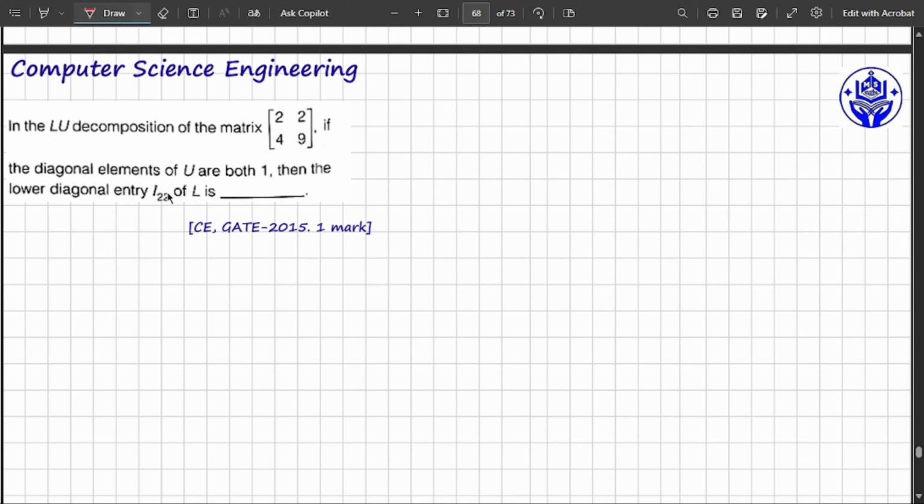Here in this case, they have asked what is the value of L22. It means if you are doing LU decomposition of this matrix 2, 2, 4, and 9, and the diagonal elements of U are both 1, then it is L11, 0, L21, L22, and U11 is 1.